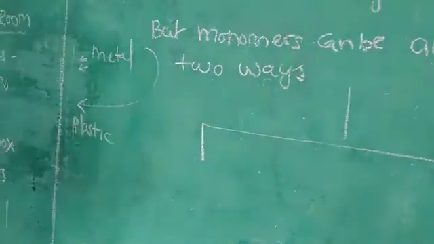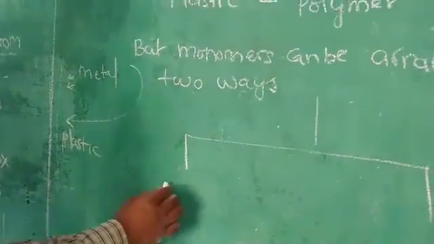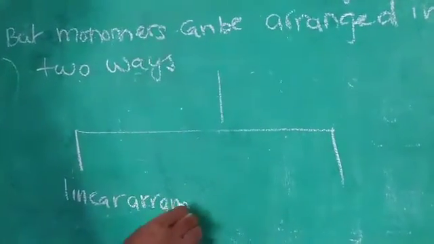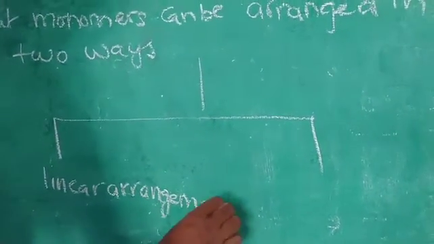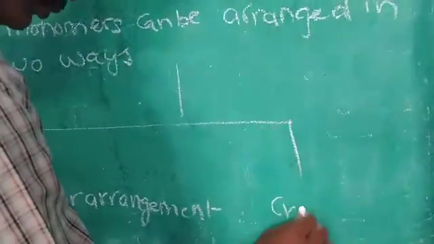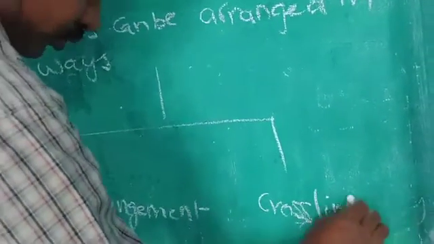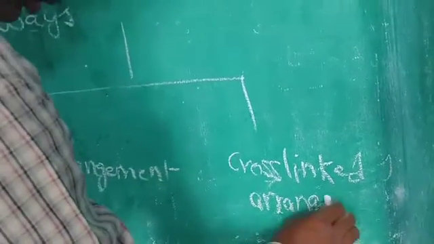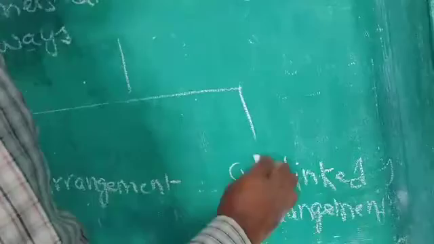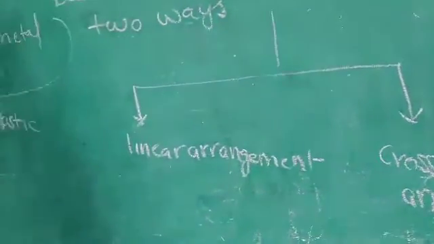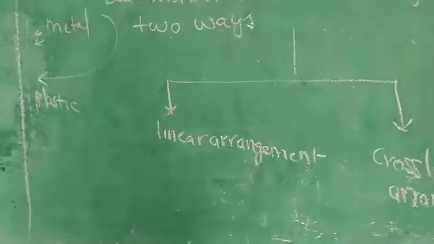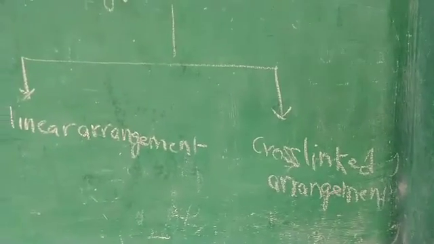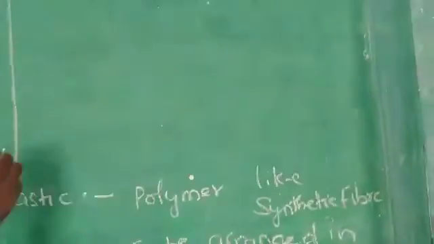One is the linear arrangement. The next one is the cross-linked arrangement. Yes, linear and cross-linked arrangements will be there.